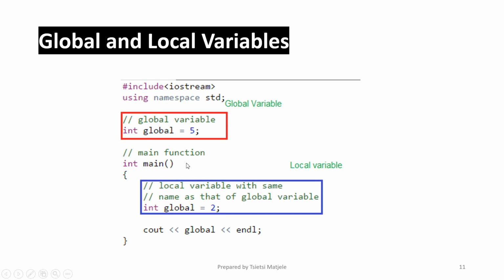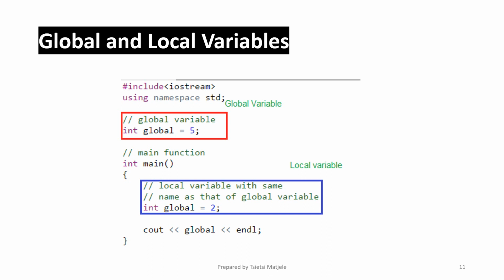So here, this is the main function. And then we declare another variable here, which is also called global. But this variable here is a local variable, because it has been declared within the main function.